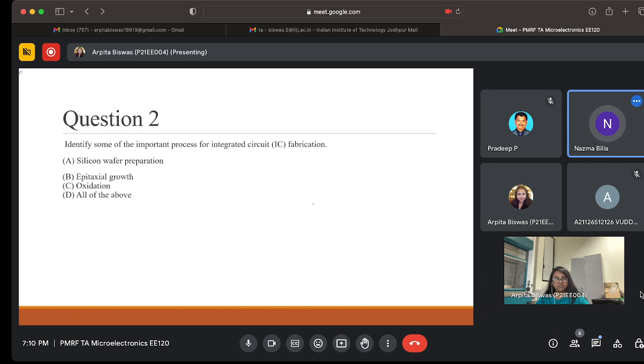From that, again, by the Czochralski method, we will extract our required silicon wafer, madam. Okay. So the right option is all of the above.